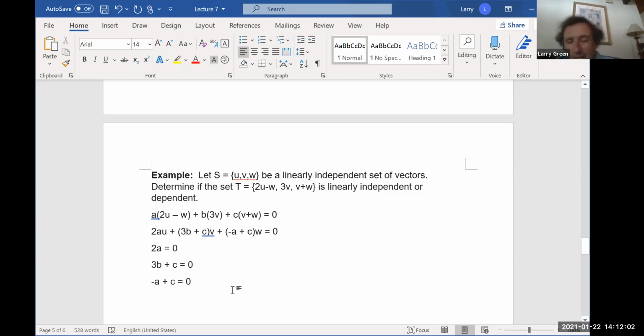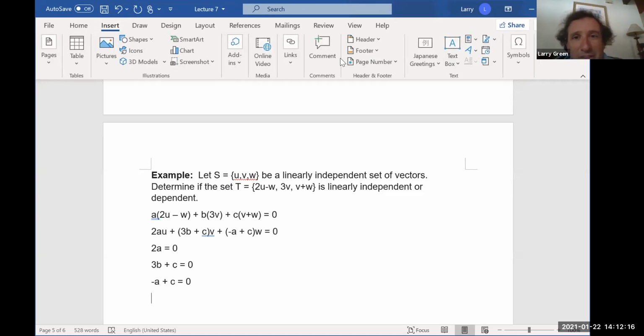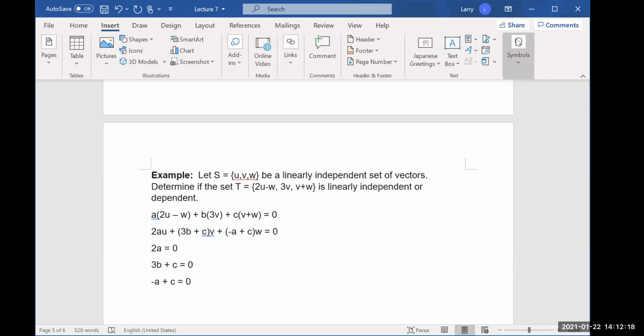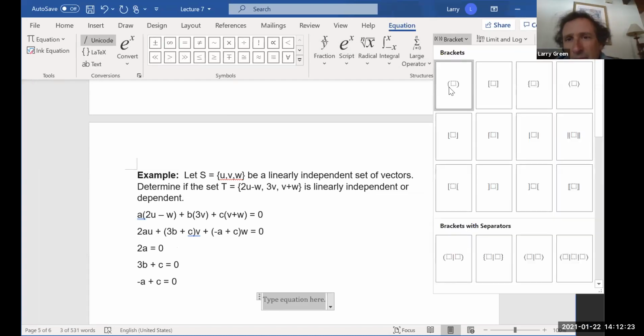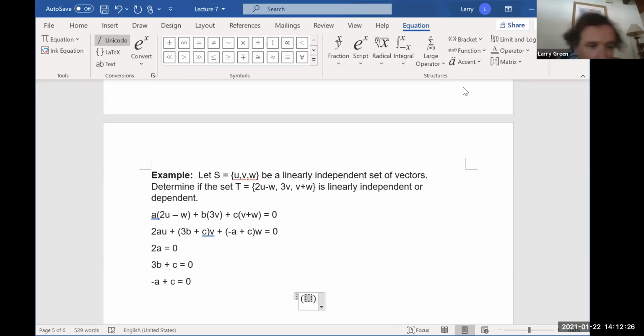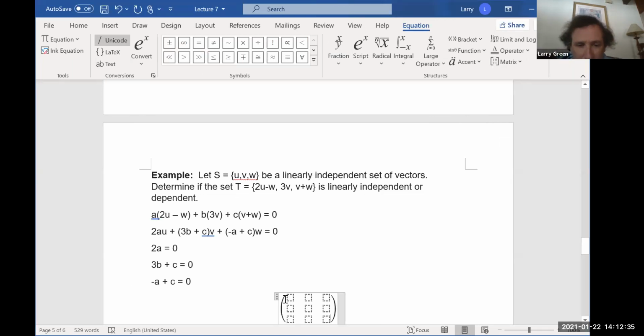Now what can I do, given that we've been spending the last 3 weeks doing it? Set up our matrix. Yeah, now we can set up the matrix. There's always going to be a matrix, you notice that? But usually it takes a while to get to it. So I'm going to set up a 3 by 3 matrix.